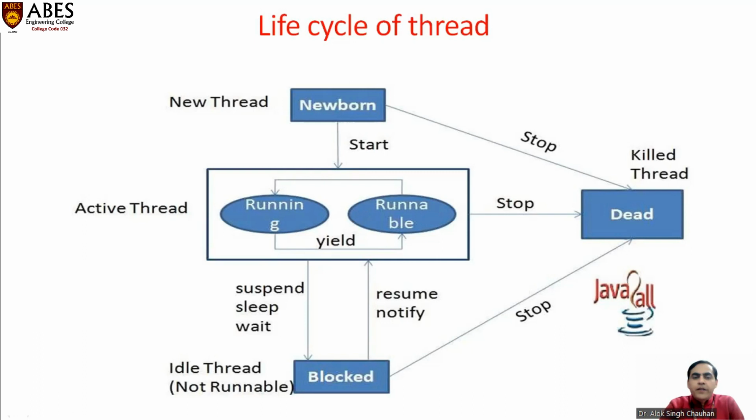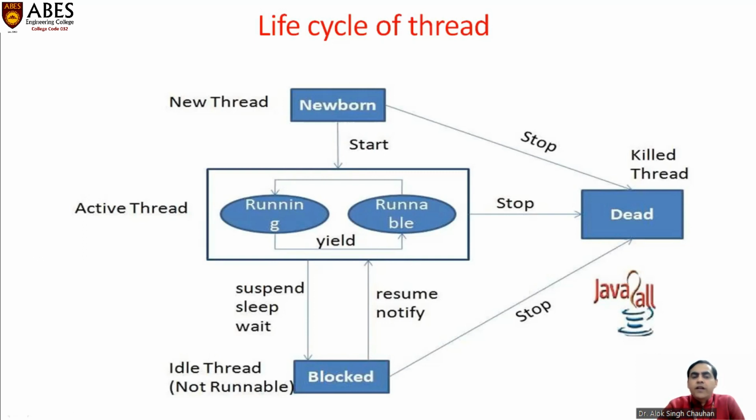If you use the suspend method for blocking, then we have to use the resume method to make it active again. If you use the wait method, then we have to use the notify method to reactivate it. But the sleep method generally takes a time interval as a parameter, so we have to pass the time in milliseconds. Suppose sleep in brackets 1000.